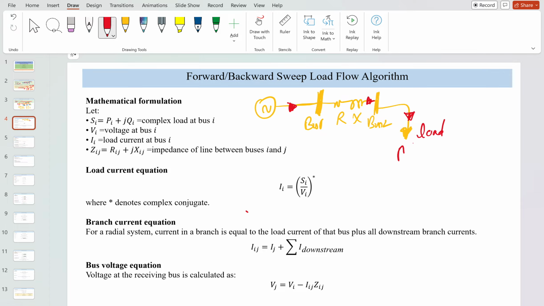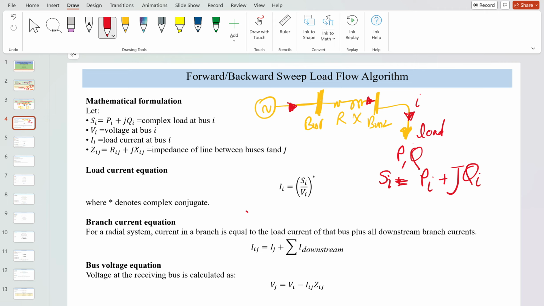This load consumes certain real power and certain reactive power. Suppose this is the ith bus, so Si, the power being consumed by this load, is equal to Pi plus jQi.